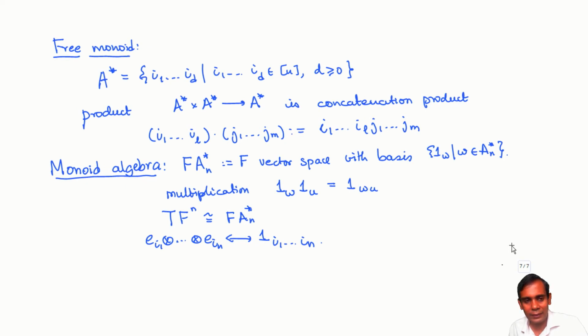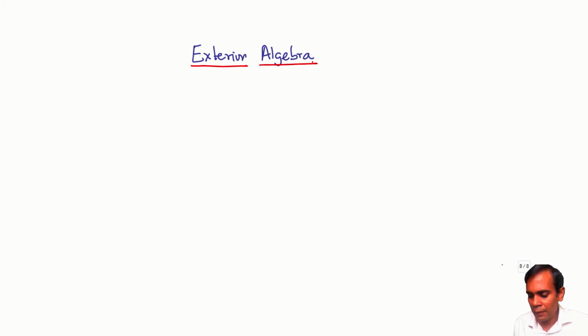Having constructed the tensor algebra of a vector space, a little more work can lead us to the construction of a very beautiful algebra called the exterior algebra. This algebra is the quotient of the tensor algebra by a certain two-sided ideal. So you start with a vector space V and you take its tensor algebra.